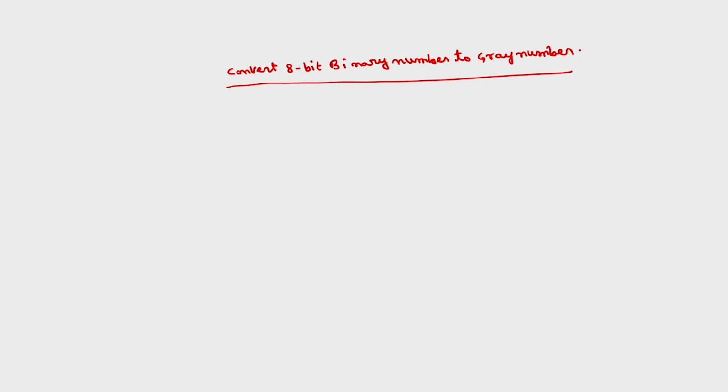The next program is conversion of binary into gray. Convert an 8 bit binary number into a gray number. Now, to write the program for this conversion, let us assume appropriate memory locations.